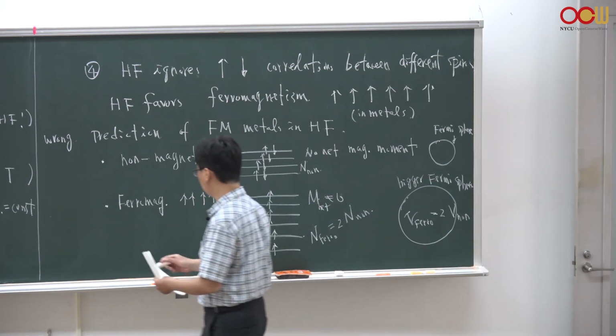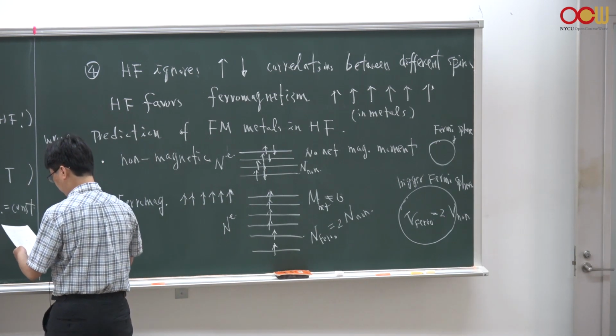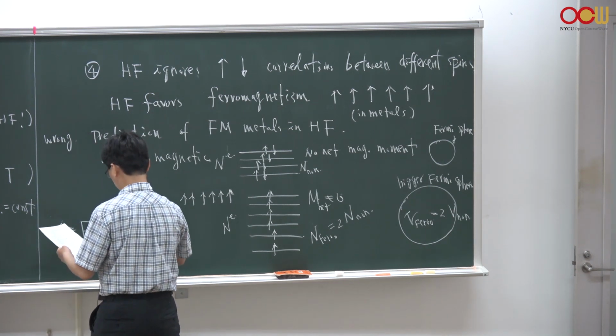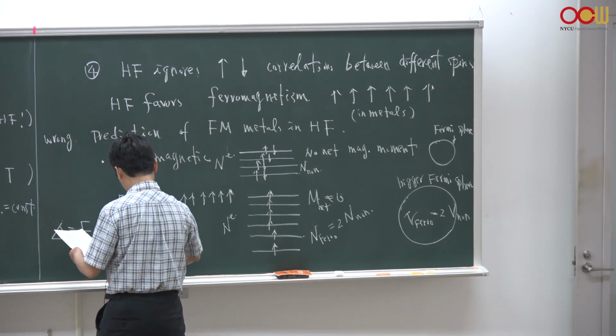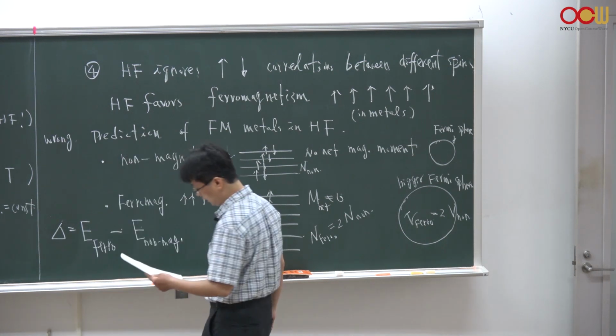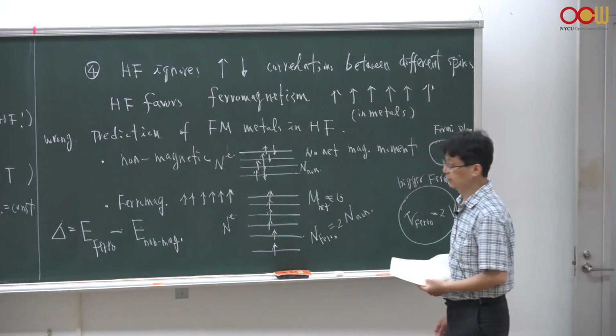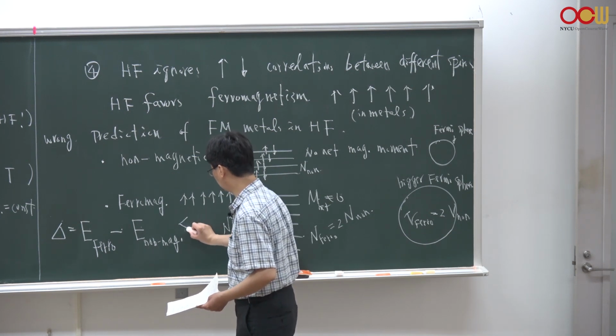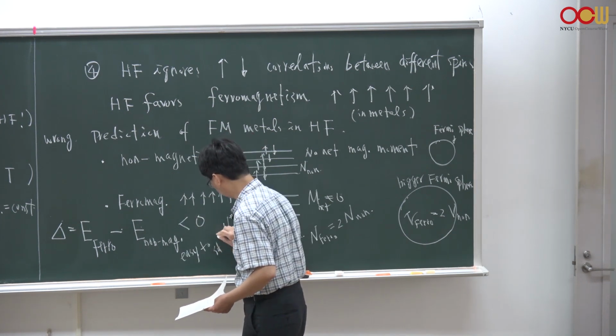So you could actually compute this energy difference, which is the total energy of a ferromagnetic state minus the total energy for non-magnetic metals. And you will find that it is very easy to have the situation where this energy difference is actually negative, satisfied.